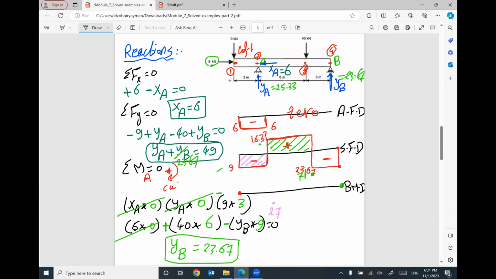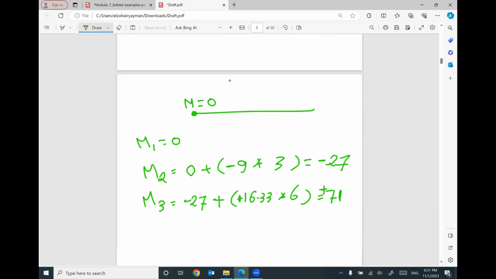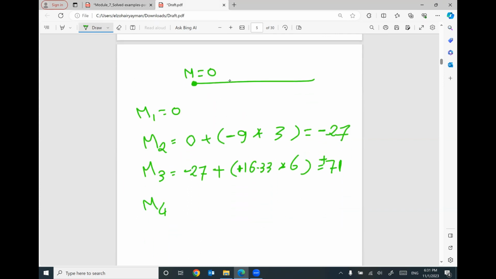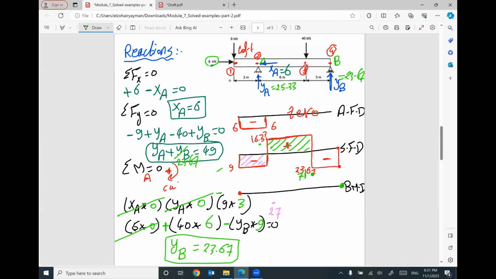By the end of the beam, M4 equal previous value, M3 positive 71 plus what is the area of shear force diagram between 3 and 4? This rectangle, which is negative 23.67 times 3.